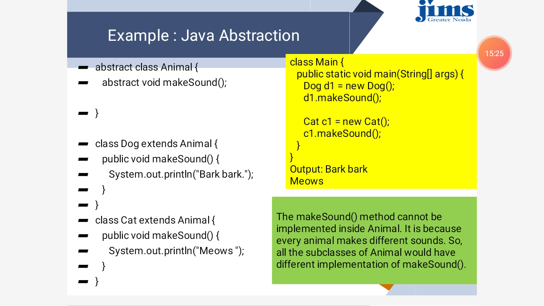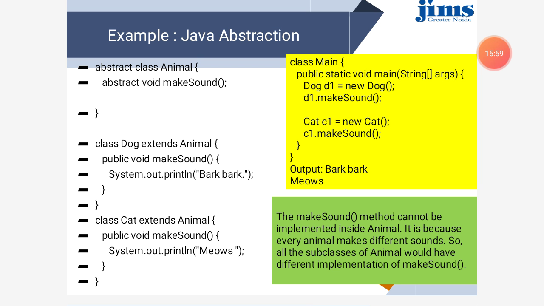So in this example, there is an Animal class and it contains one abstract method makeSound. Now two classes, Dog and Cat, are extending Animal, and both classes are defining makeSound in their own ways. Dog has a different sound, cat has a different sound.